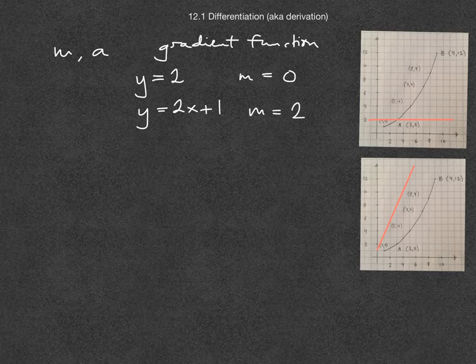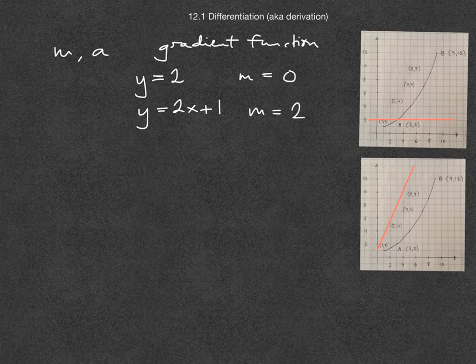So 1 x to the right and then 2 y up, right? And we could also identify the gradient because we know that this expression here identifies the gradient as this number here before the x. So that applies to linear functions.